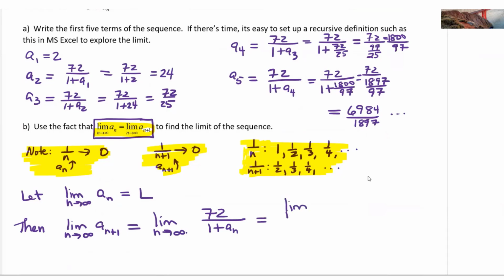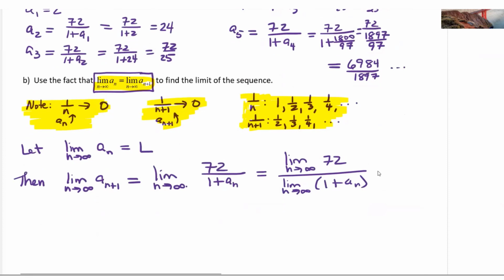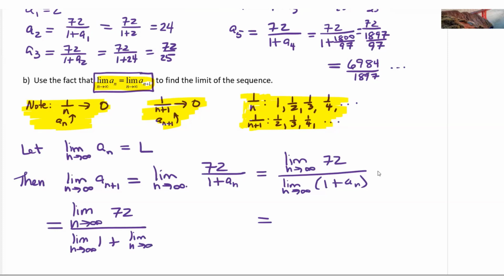We could take the limit of 72 divided by the limit of 1 plus a sub n. We can also break apart that sum. So this is going to be the limit as n goes to infinity of 72 over the limit of 1 plus the limit as n goes to infinity of a sub n.